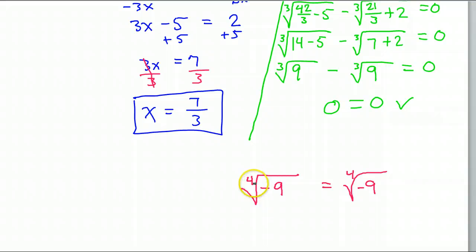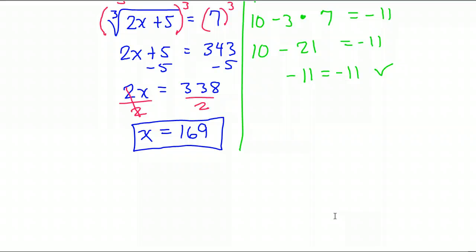If you ever see an even root and a negative number, that would have to be no solution. That didn't happen. They're not negative and they're odd, but it could have happened, so I just want to warn you now. But anyway, so far in this lesson, we didn't actually run into any problems where the answers we found didn't work.